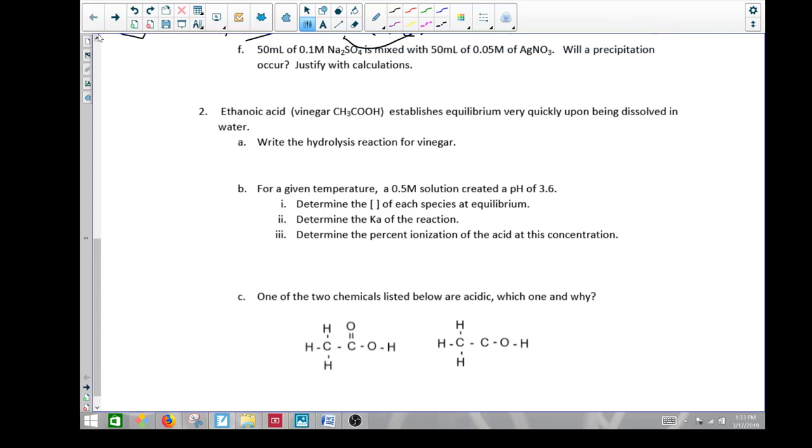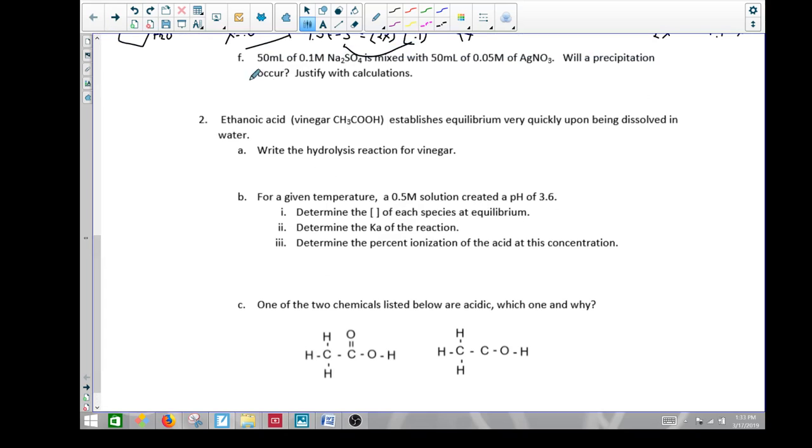All right, next problem. We have 50 milliliters of 0.1 molar Na2SO4 mixed with 50 milliliters of 0.5 molar HNO3. Will a precipitate occur? All right. So now we know from our expression that the K value equals the concentration of Ag plus times the concentration of SO4 2 minus, and this one is squared.